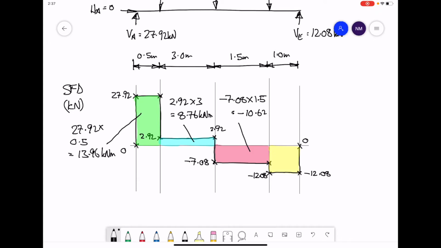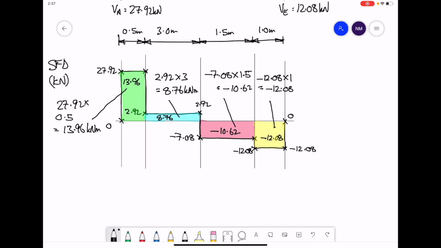For the last yellow area, it has a height of minus 12.08, a length of 1, so that gives us an area value of minus 12.08. The areas are 13.96, 8.76, minus 10.62, minus 12.08.